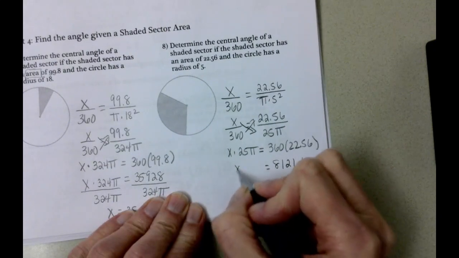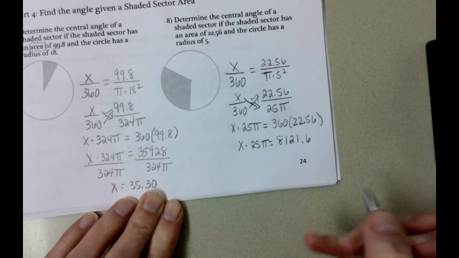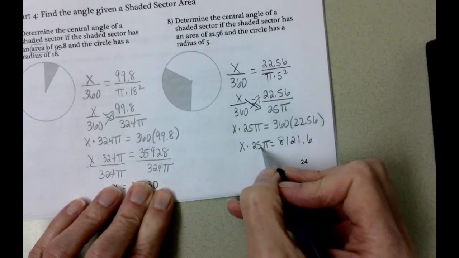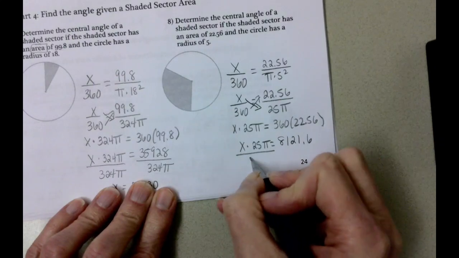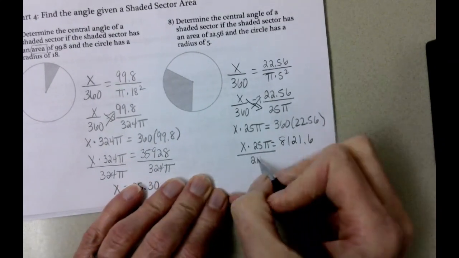And that still equals x times 25 pi. But we want to solve for x. To undo that multiplication, we're going to divide by 25 pi.